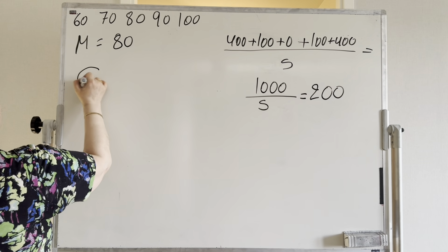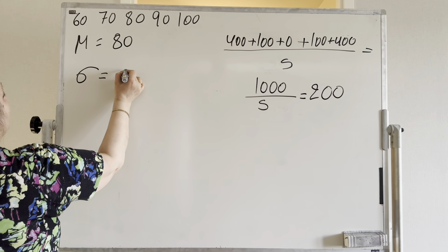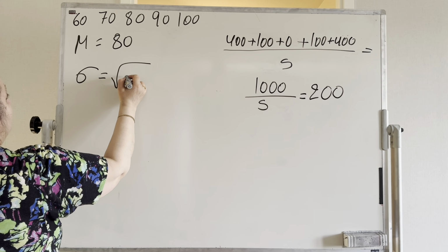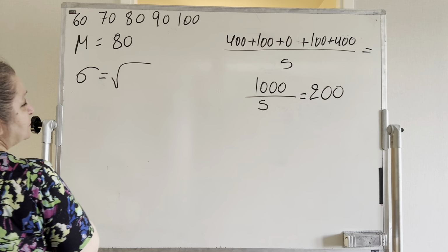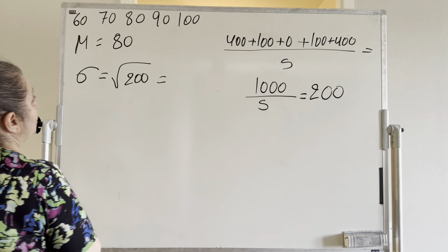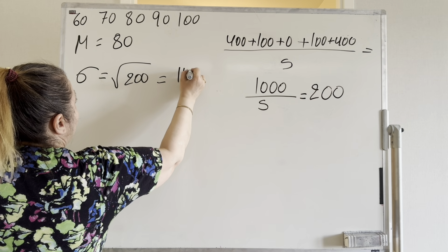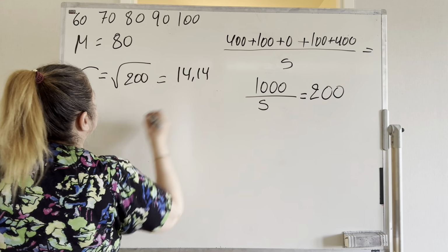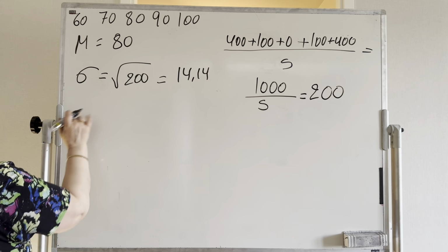Standard deviation sigma equals the square root of 200, which equals 14.14.